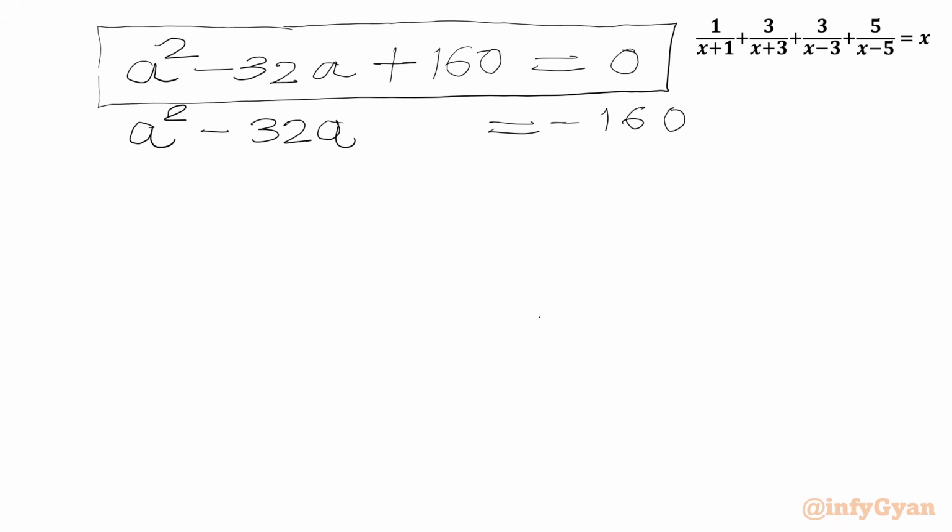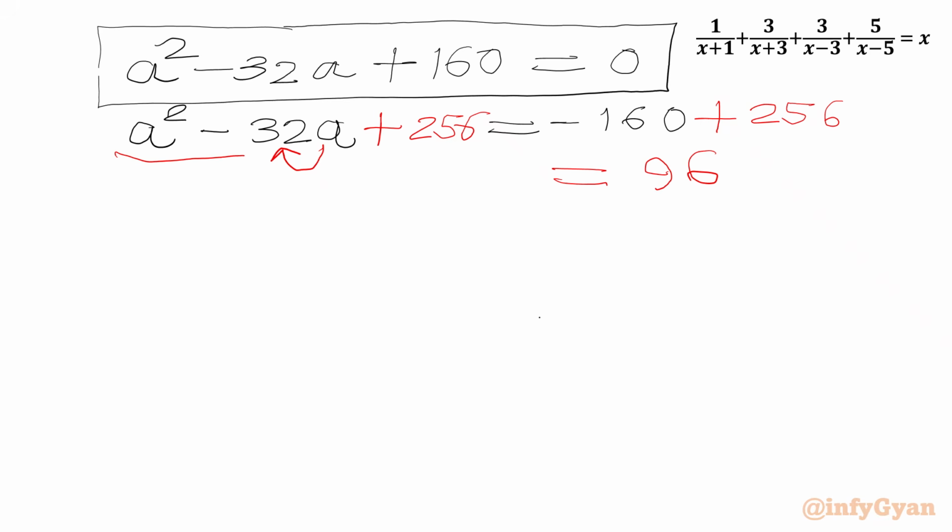Now we have the coefficient of a, it is minus 32. Half of minus 32 is minus 16, and the square of minus 16 is 256. So we'll be adding 256 to both sides. So RHS will give us 96.